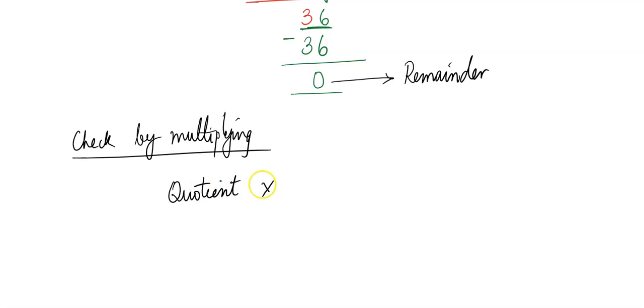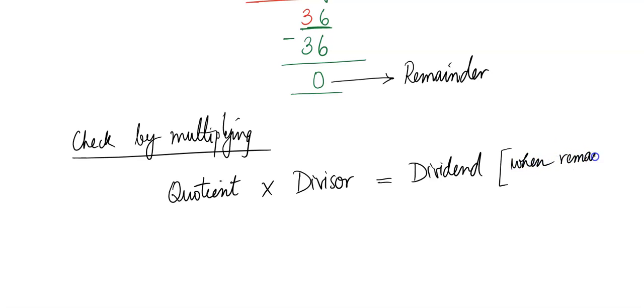Quotient times the divisor should be equal to the dividend. This is true because the remainder is 0. So when the remainder is 0, this is what we do.